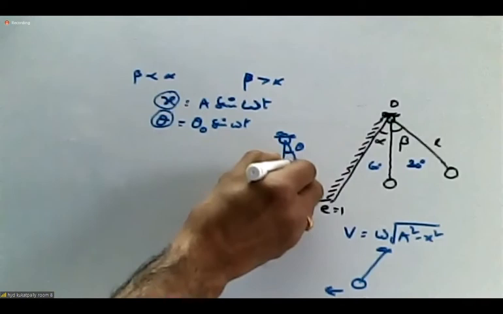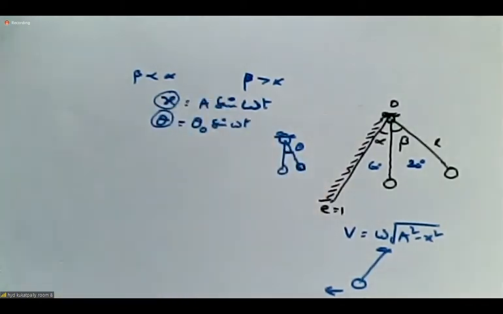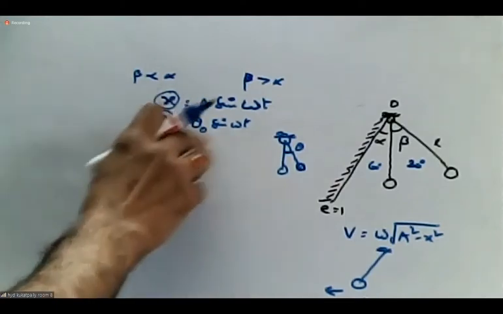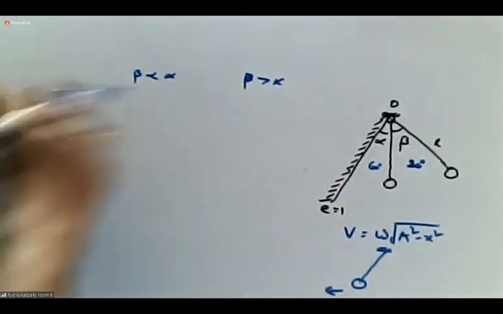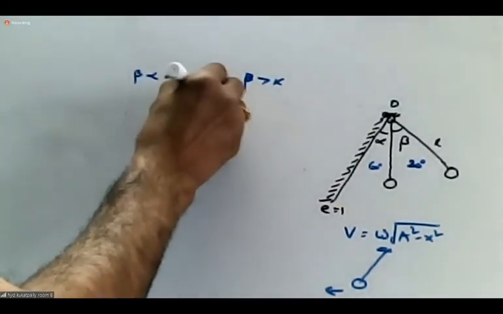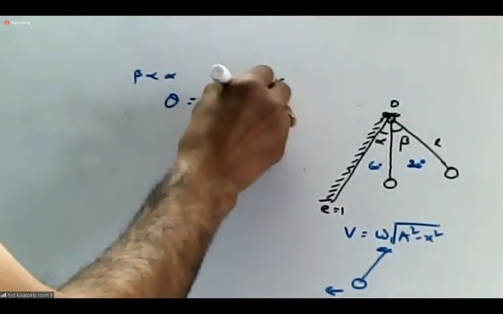Theta is the angle made by the thread with vertical. That is varying like theta naught sine omega t. This is called angular SHM. So we represent SHM here like this: theta is equal to theta naught sine omega t.